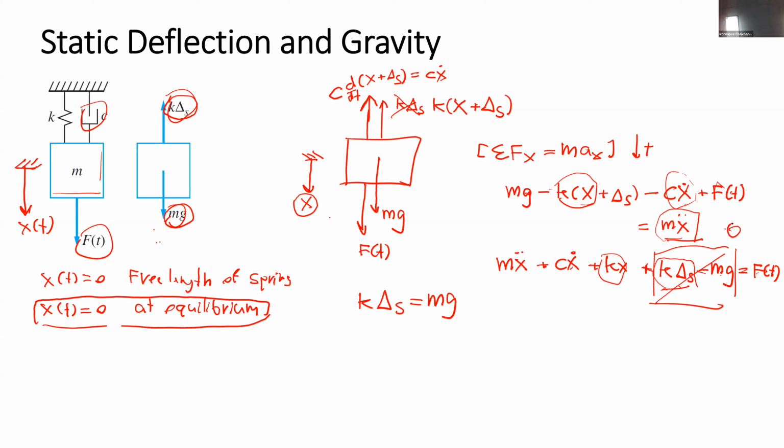So the conclusion of this slide is, if you select the datum point of the generalized coordinate x(t) from the equilibrium position, not the free length of the spring, the effect of mg will be cancelled with the static deflection, and you can simply obtain m x double dot plus c x dot plus kx equal to F(t).